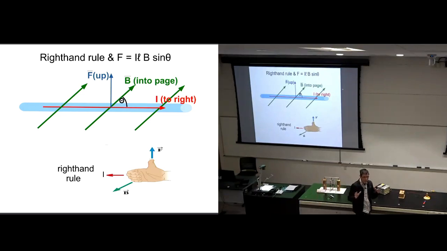The right-hand rule that we've been applying to single moving charged particles in a magnetic field, we can also apply to electrical currents that are immersed in a magnetic field. And we just apply it in the same way. So that right-hand rule where we had velocity for the palm of the hand, we pointed our fingers in the direction of the magnetic field, and our thumb was pointing in the direction of the magnetic force.